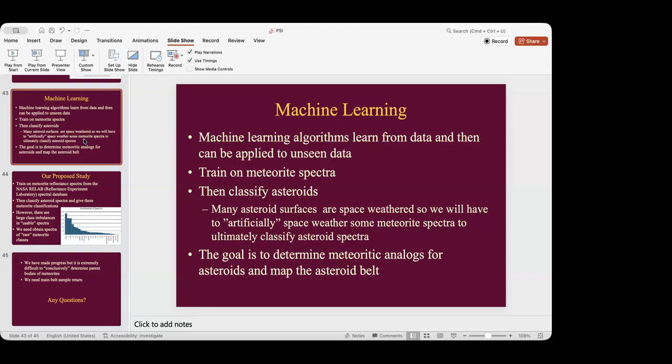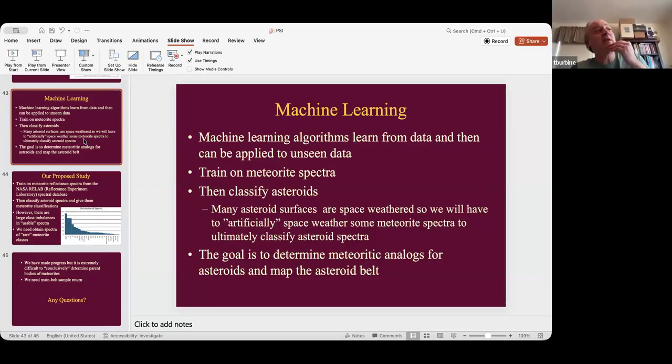Bea: Are you also worried about particle size differences between your meteorites and an asteroid surface? Well, yes, we're cognizant of that, because asteroids seem to be very, very fine grained. So that's why we're going through the RELAB database. We're putting in everything, different particle sizes, to try to make sure.